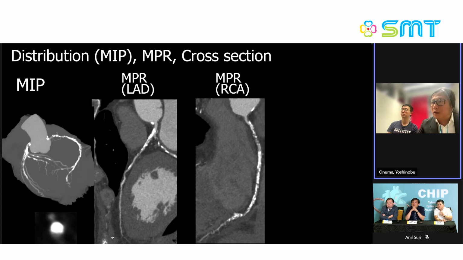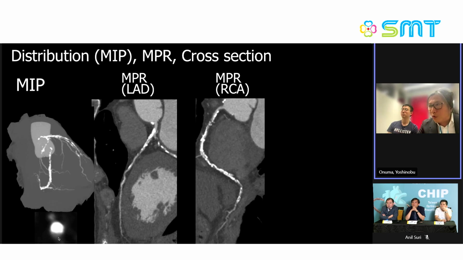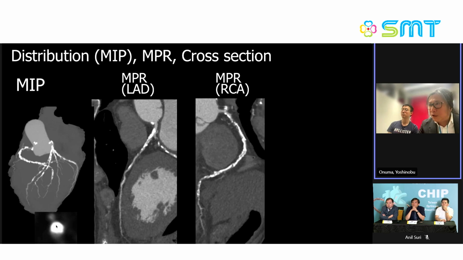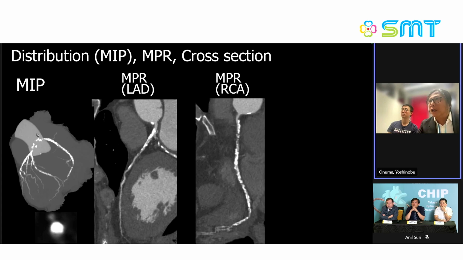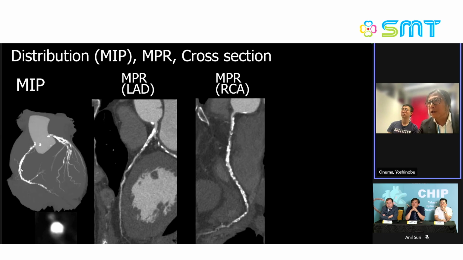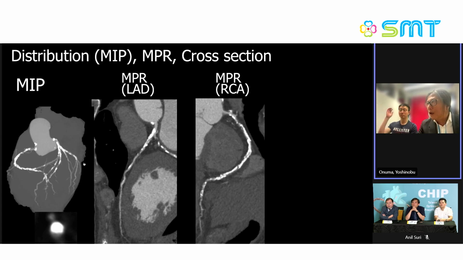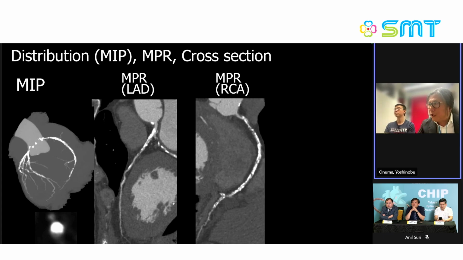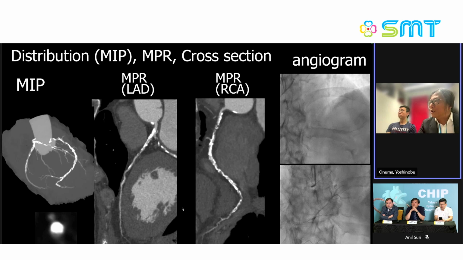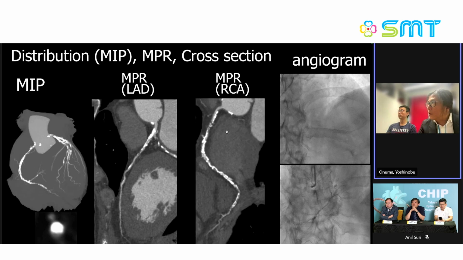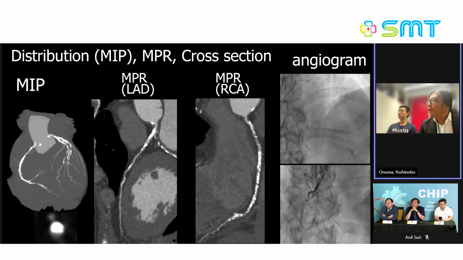This is just an example of a very heavily calcified CT. You can see almost no lumen because of the blooming artifact created by the CT. You don't see the lumen, but in the MIP, the maximum intensity projection, you can see the distribution of calcium very well. And of course, sometimes we are misled by the calcification, because sometimes we really see that it's occluded or very stenosed, and sometimes it's not the case on angiography.